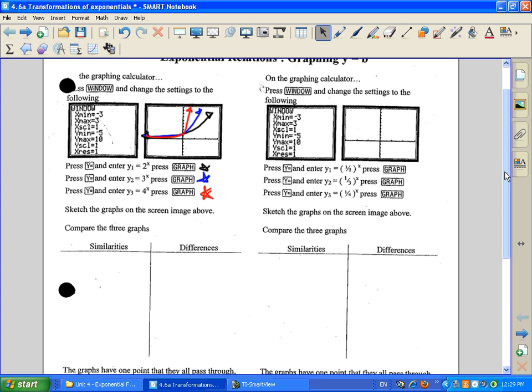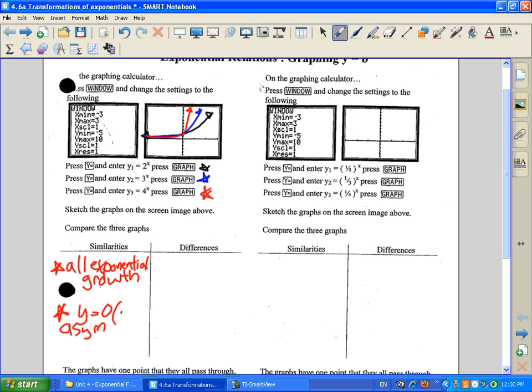So what is similar about these graphs? Well, first of all, you notice as they go from left to right, they're all increasing, so we call that an exponential growth. We also know that there's an asymptote here, folks. So it's the same asymptote, which is y equals 0 asymptote.